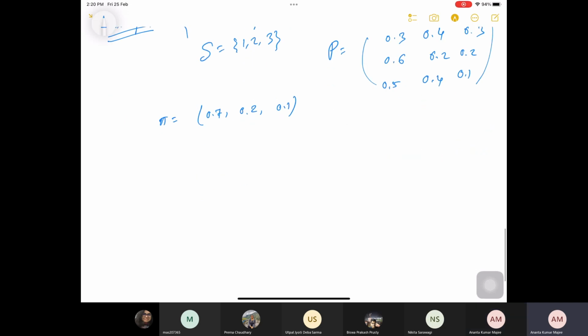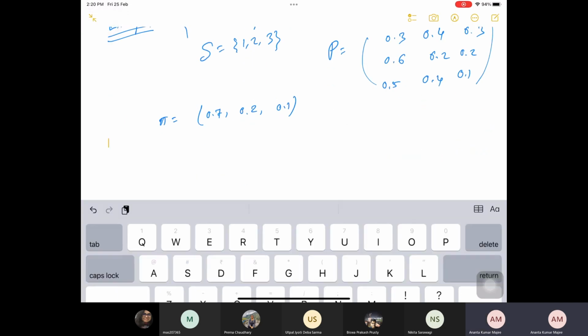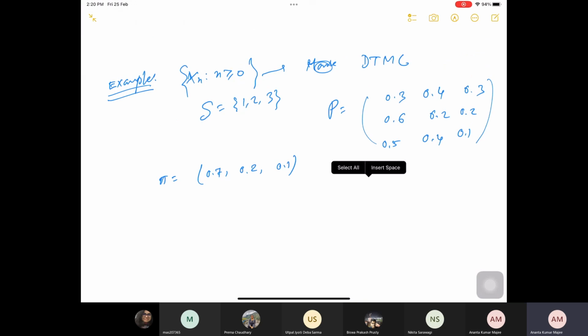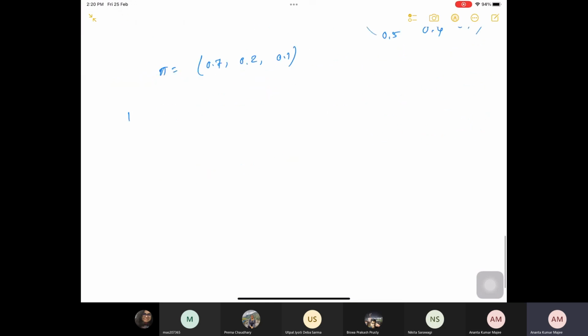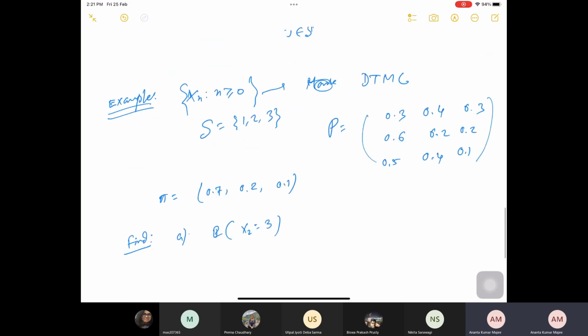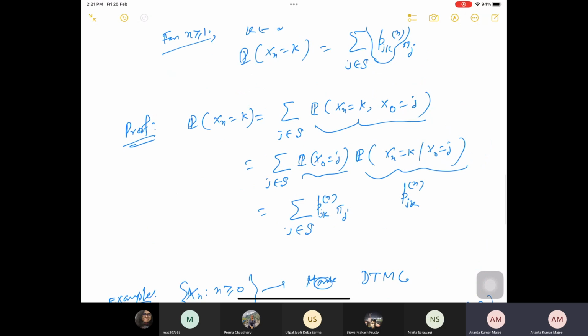Okay. So then the question is: I want to find two things. One is, what is the probability that X2 is equal to 3. Whenever I am considering the probability that X2 is equal to 3, if you look at the previous result, the probability of Xn equal to k, I need p_jk of n.